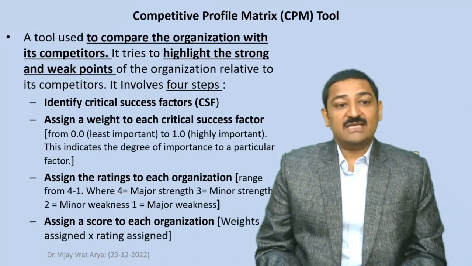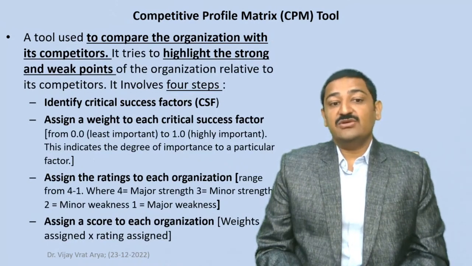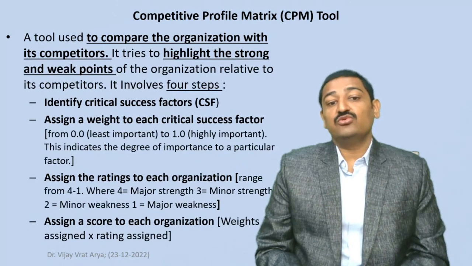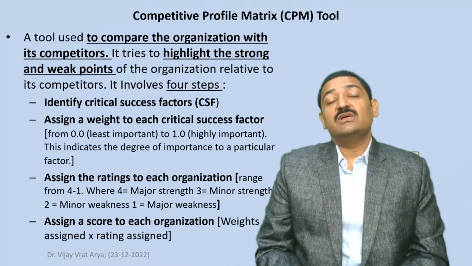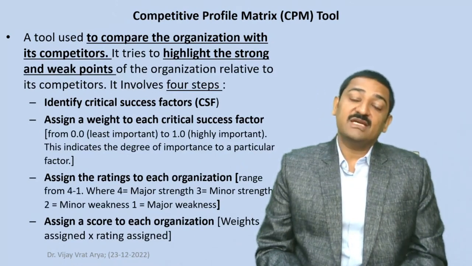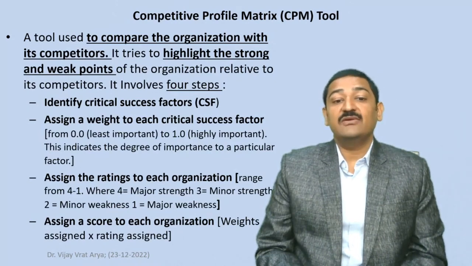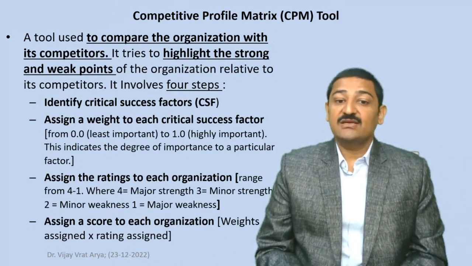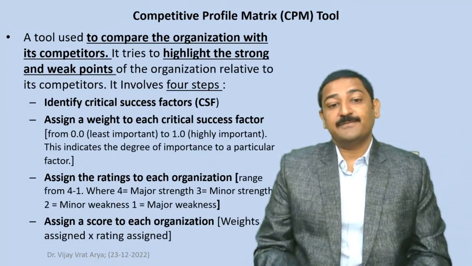In the second step, assign a weight to each critical success factor from 0 to 1, where 0 stands for the least important and 1 stands for the highly important factor. This indicates the degree of importance of a particular factor.